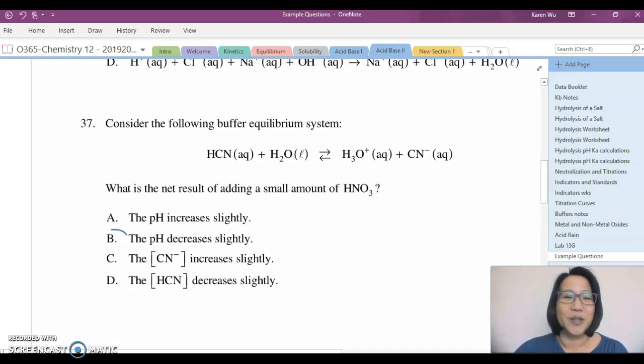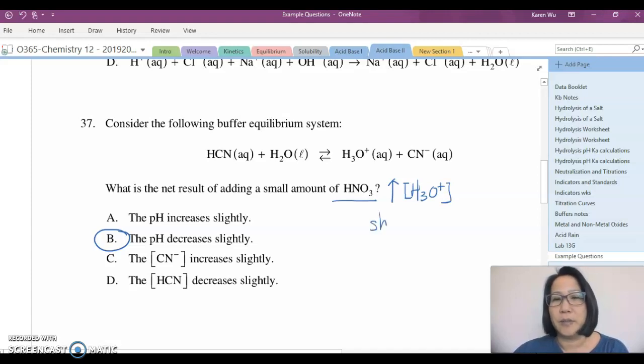The answer is B. And you're like, what? How could it be B? Didn't you tell us that the pH doesn't change that much? Yeah, I said that pH is not going to change that much, but it will change ever so slightly. Okay? So adding this nitric acid, the stress essentially to our equilibrium system is we've increased the concentration of hydronium. So if we increase the concentration of hydronium, the system is going to shift to the left.